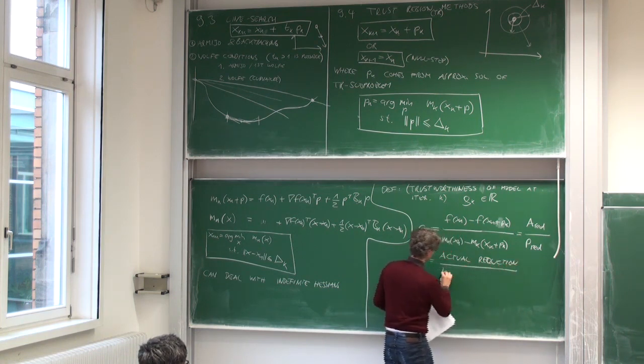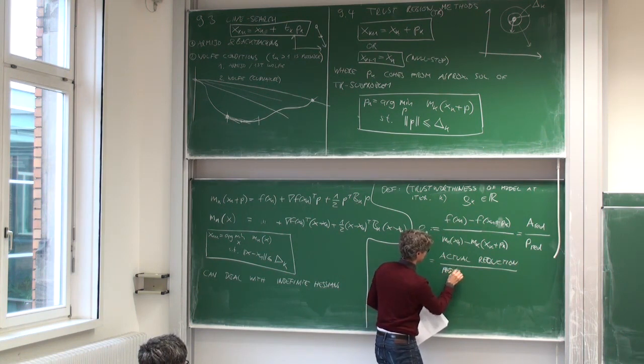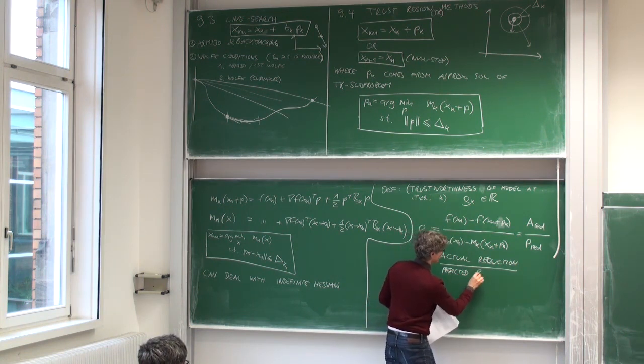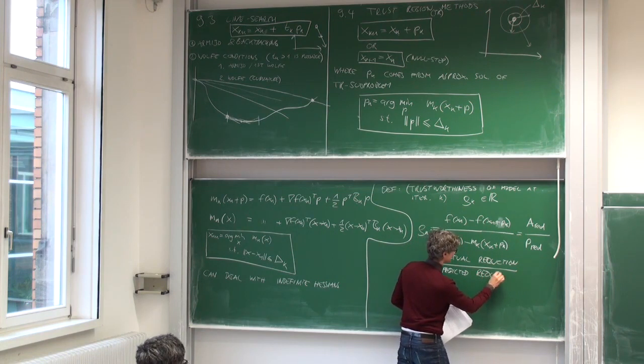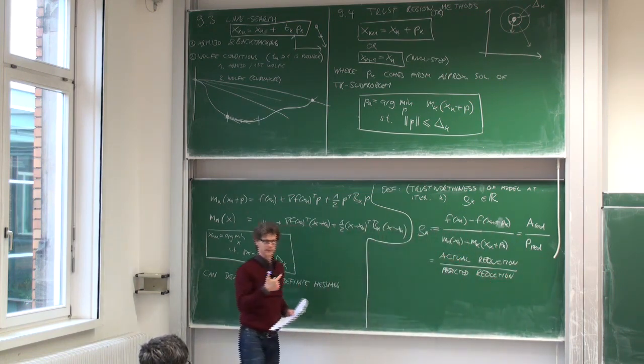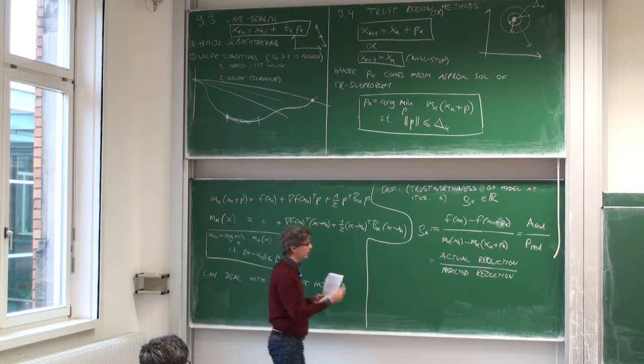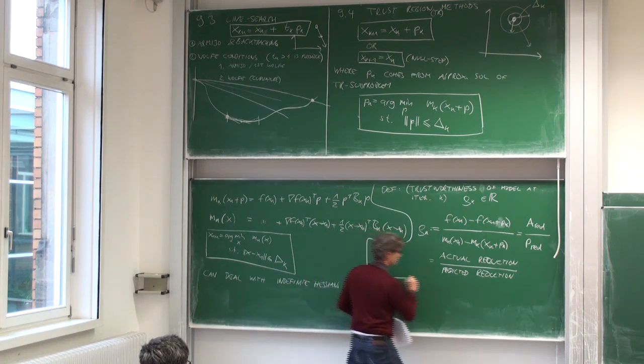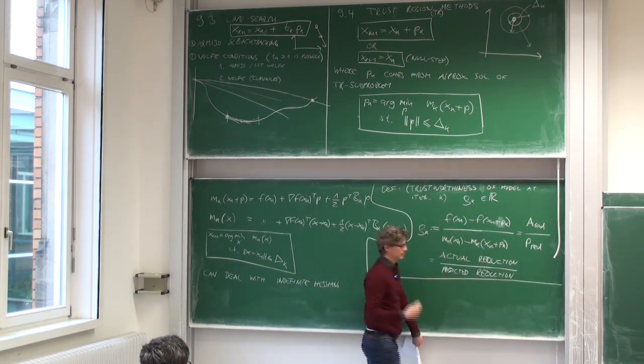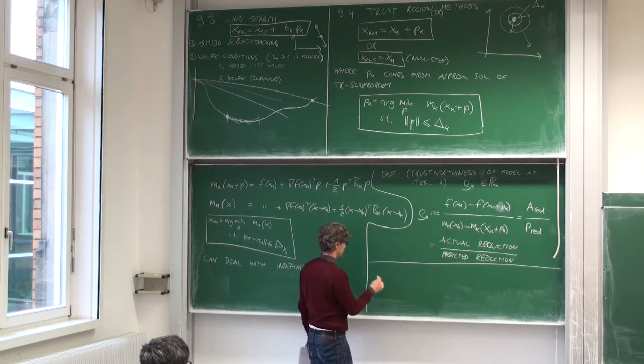Divided by the predicted reduction. And that's a crucial quantity that we use in these trust region methods in order to decide both things: if we want to enlarge or shrink our horizon, or to decide if we want to accept or not accept the step.